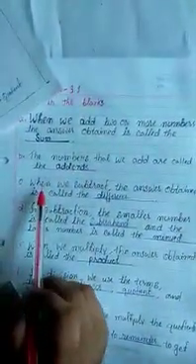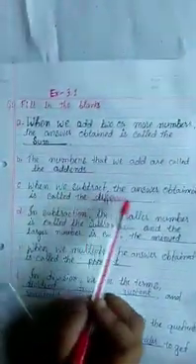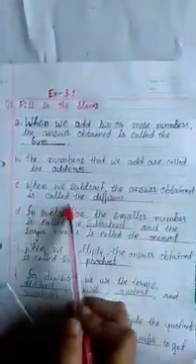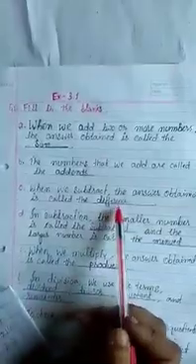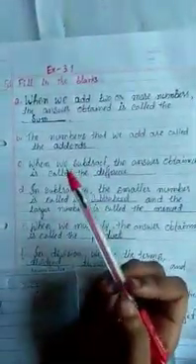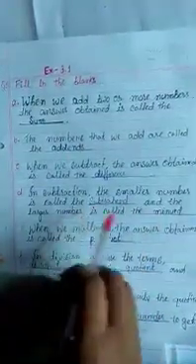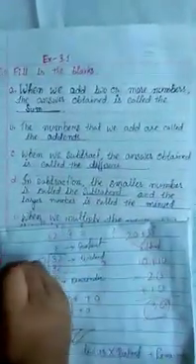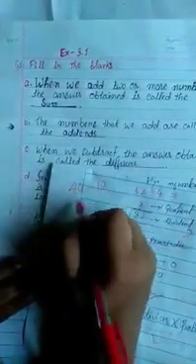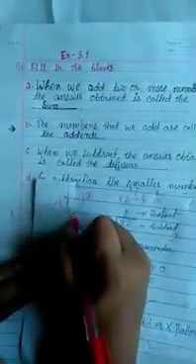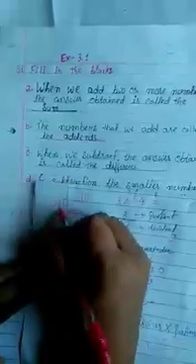And C number, you look, when we subtract, the answer is called the difference. Yes, obviously I have explained also that when you subtract any numbers, suppose 40 minus 10, how much will you get? 30, and this 30 is the difference between 40 and 10.